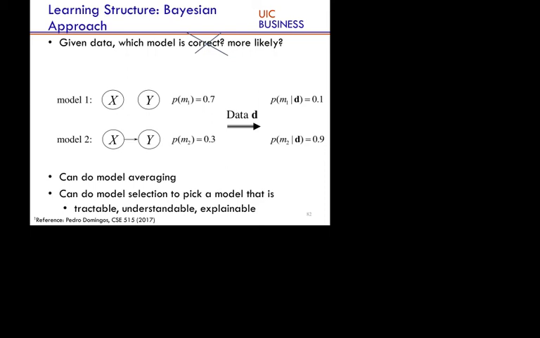It's just Bayes rule. Once you have these numbers, you can do model averaging. If you want to do any other inference, you can keep all of the models and use averaged results. Or you can also pick one of the models as a likely model based on your domain knowledge or something like that.